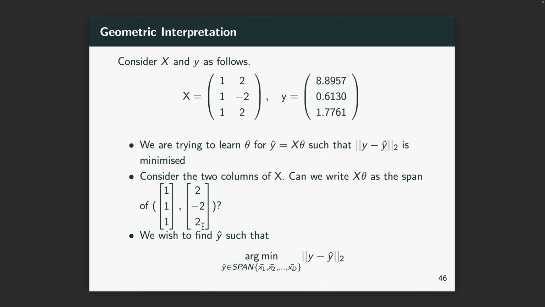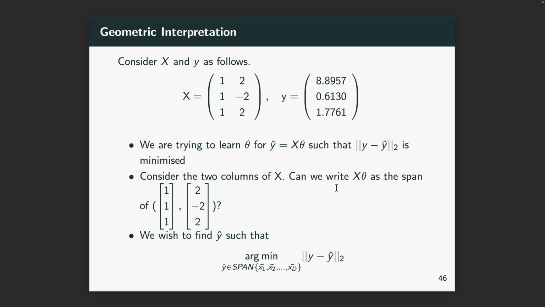After that, our goal is to find a y hat such that y minus y hat, the epsilon vector's L2 norm, is minimized. But here we have a very specific kind of constraint. We can't have any y hat.